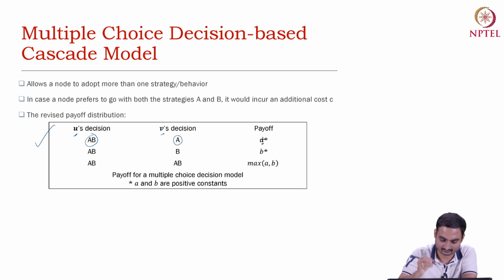Similarly, if V has chosen B and U has chosen AB, the payoff would be B. If both have chosen A and B, the payoff would be max of A and B, which is quite obvious, because say you have chosen Skype and WhatsApp, and your neighbor has also chosen Skype and WhatsApp.